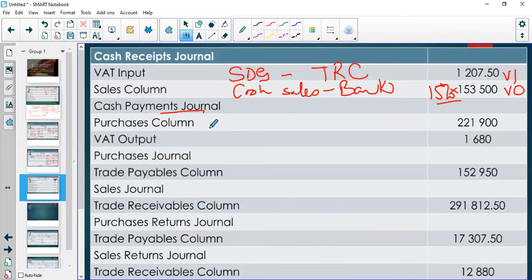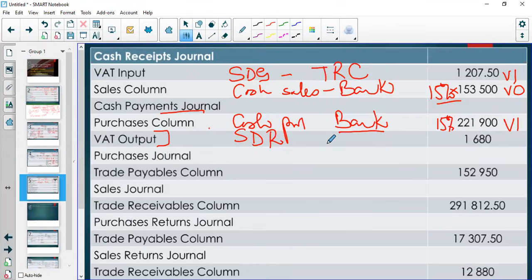Then under cash payments, purchases column, it's going to be VAT input. It's going to be 15% of that. These are cash purchases. And the description will be bank. Right? Because that's the amount that was credited. Then under the VAT output, this is the settlement discount received.